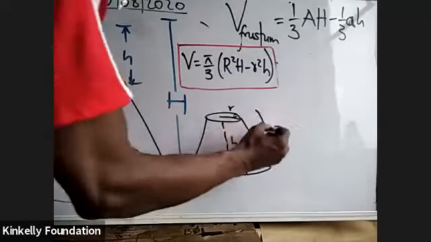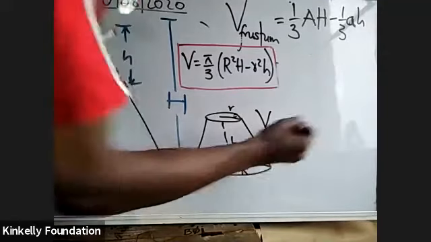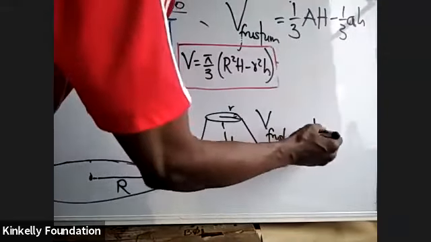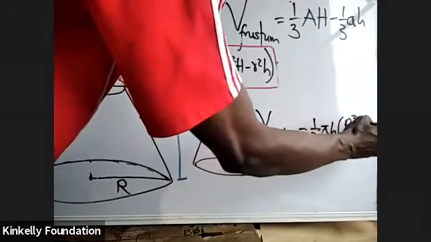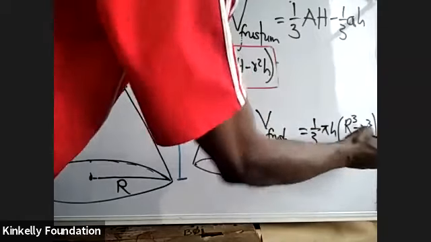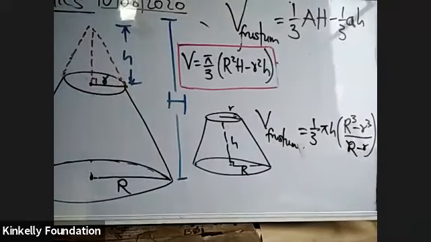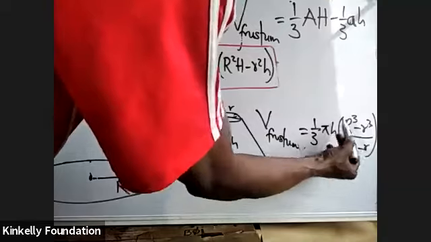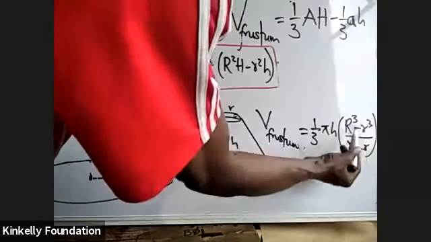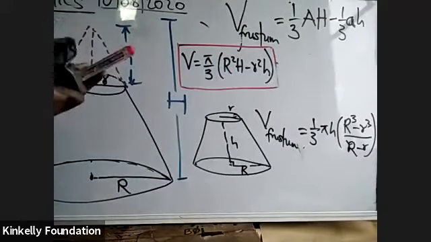We now have that the volume of this frustum will be equal to 1/3 pi h, bracket big R cubed minus small r cubed, all over big R minus small r.